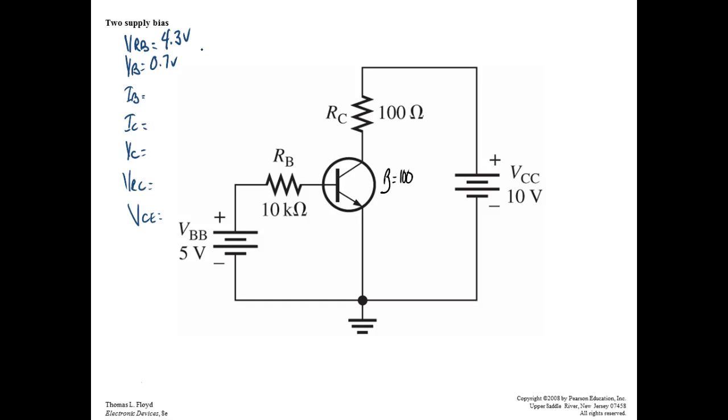So what would IB be? 430 microamps? So what's IC going to be? 43 milliamps?